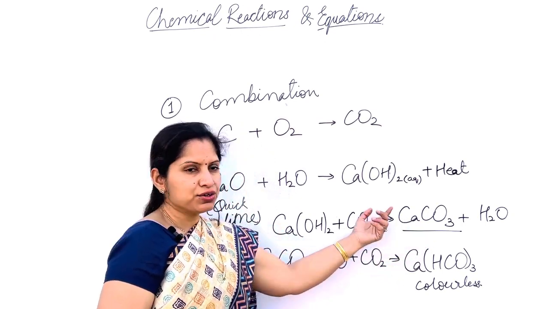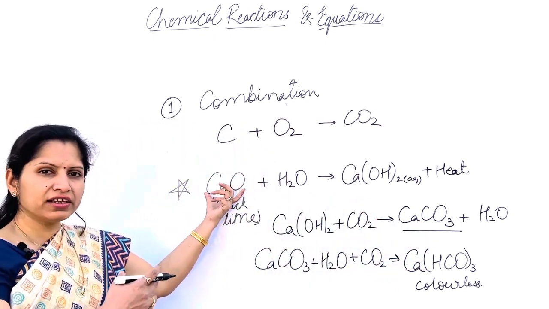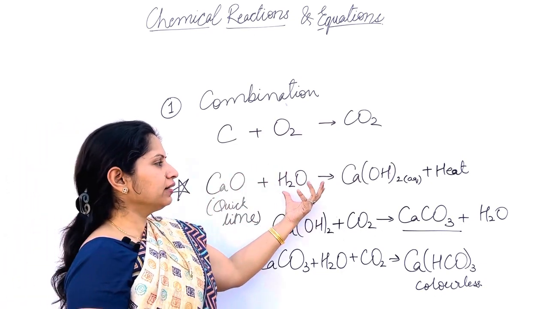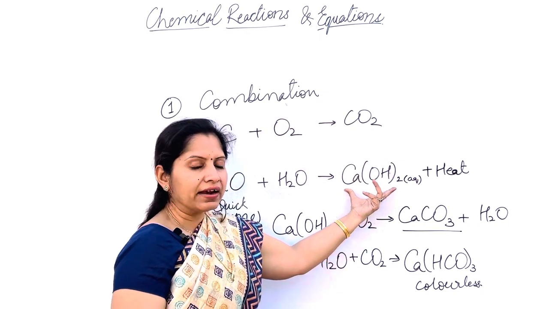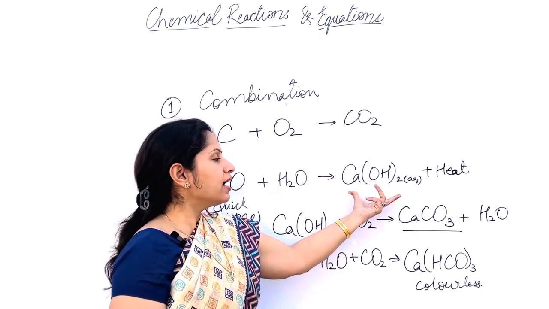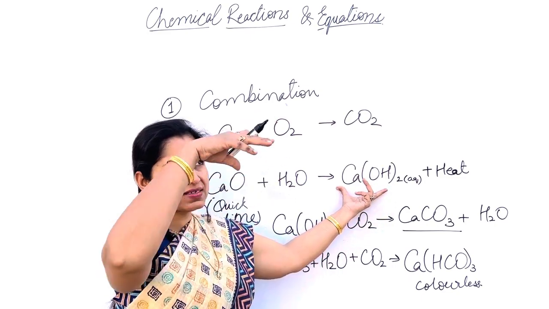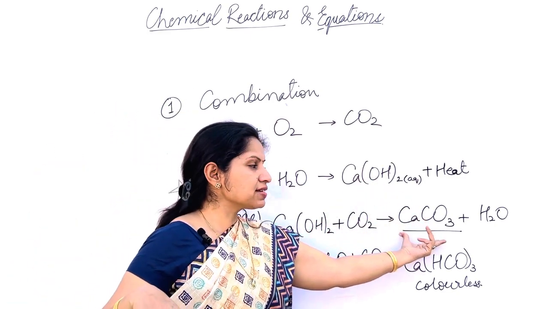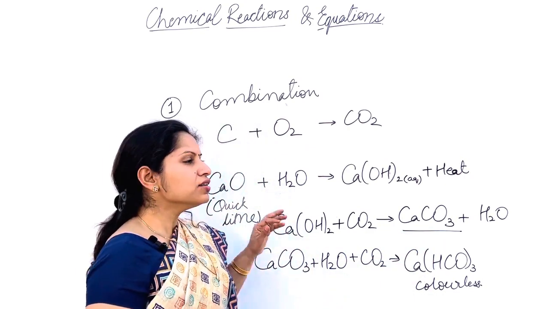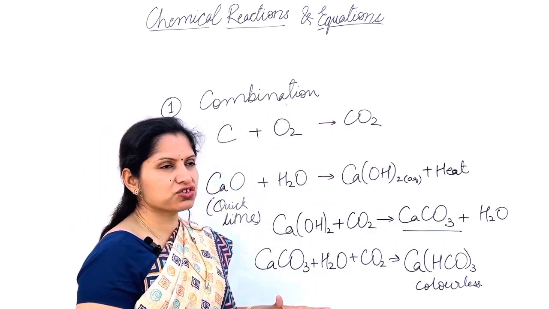So this X which is used initially is calcium oxide, usually available in powder form. Then Y, which is used for whitewashing, is Ca(OH)2. And when the Ca(OH)2 is applied on the walls, after some days, calcium carbonate will be formed on the walls. Okay, so these could be a few questions based on this.